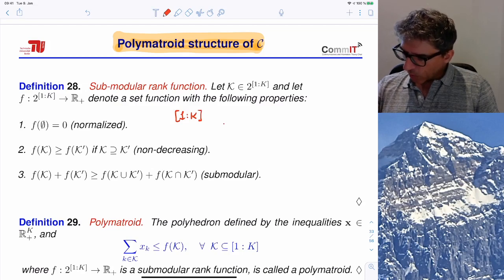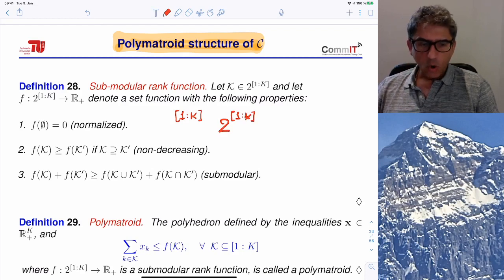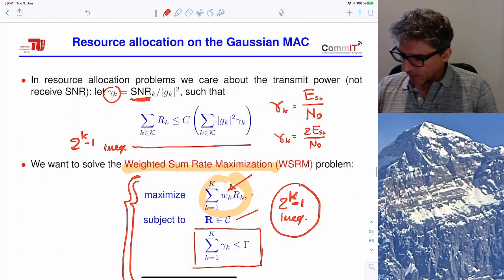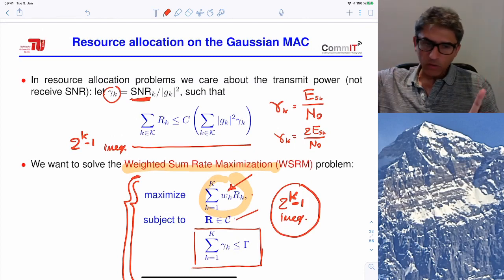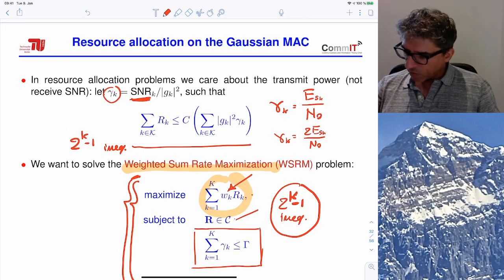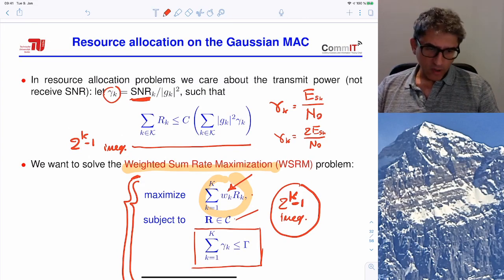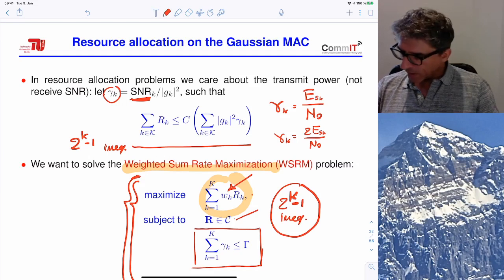You know that the so-called power set of a set is the set of all possible subsets. And the power set contains all the subsets. So it's precisely what we have here, right? This calligraphic K is one possible subset of the set 1 to k, and we have one inequality for each subset. So basically, this function can be seen as a function of the subset.